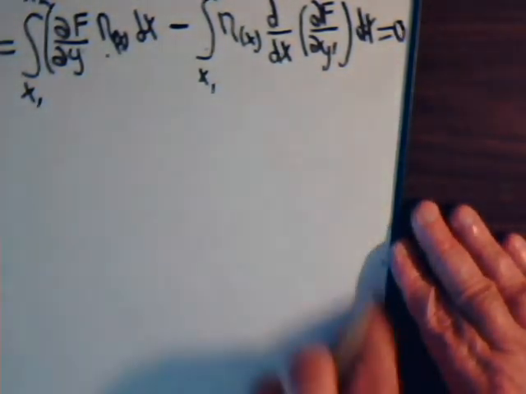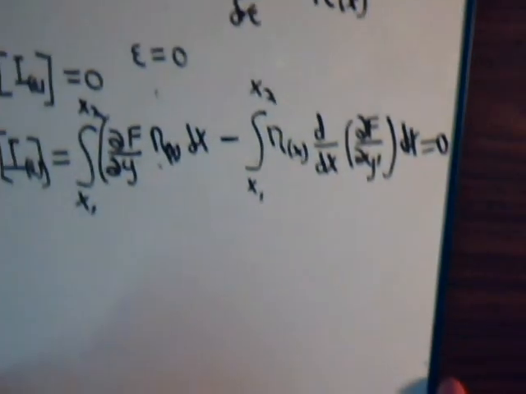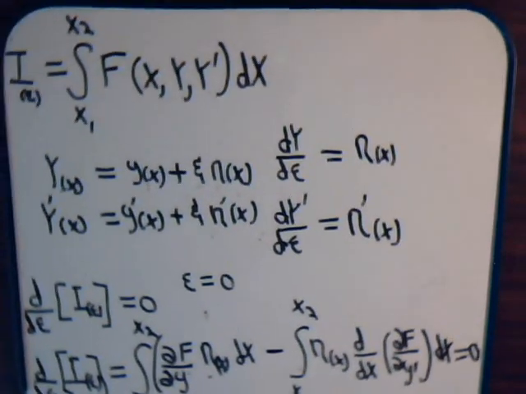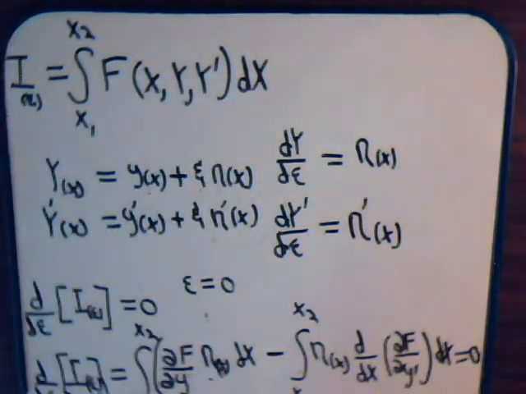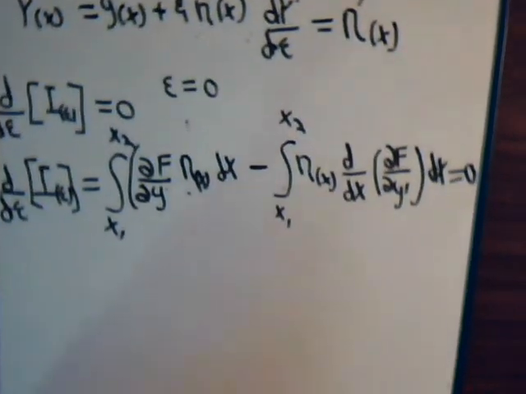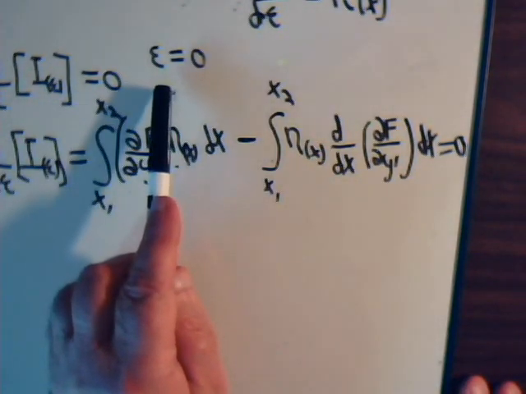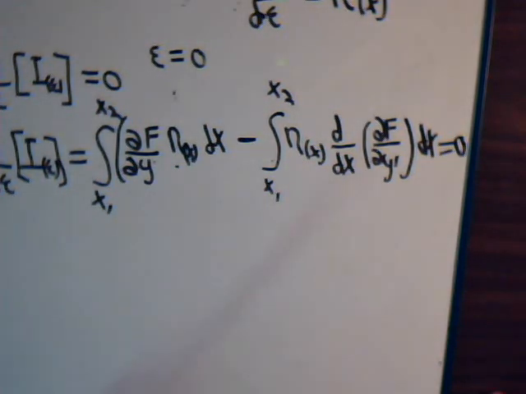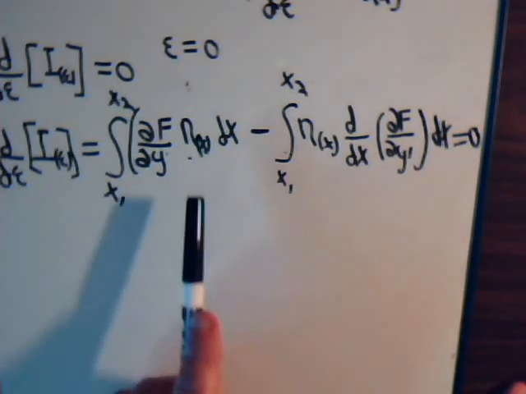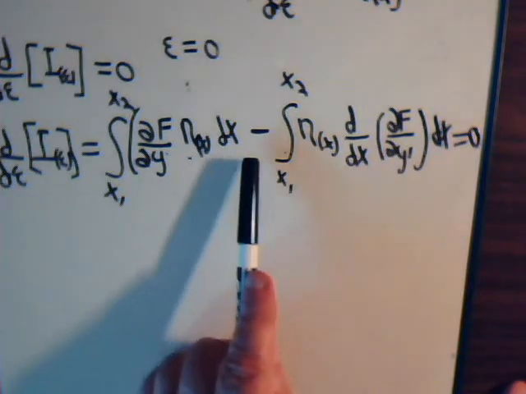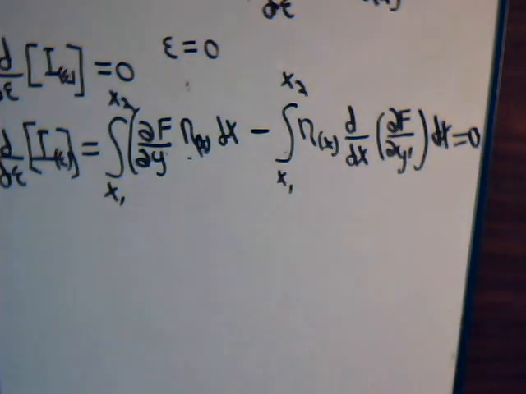And remember what we've been trying to do all along is with this integral, take the derivative of it with respect to epsilon, and it has to be 0 when epsilon is 0. And what that boils down to now is that this integral minus this integral has to be 0.